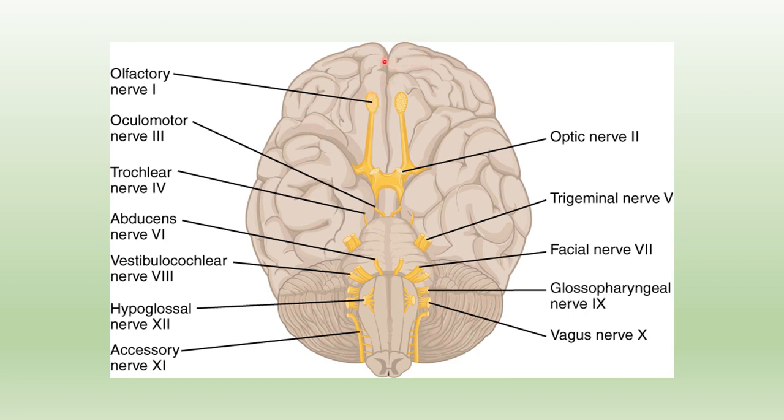If you start anterior and go posterior, you look at them: the olfactory, and then the optic, and then the oculomotor, and then the trochlear, then the trigeminal, the abducens, the facial, the vestibulocochlear, the glossopharyngeal, and then we have the vagus nerve, the hypoglossal, and the accessory nerve.